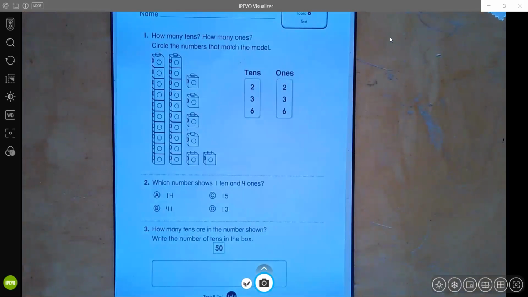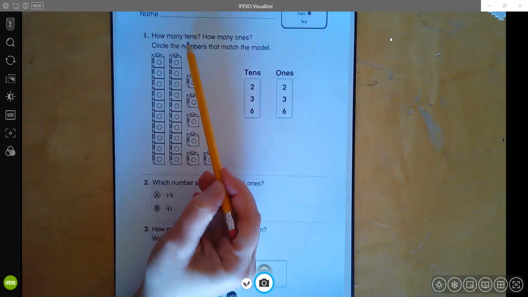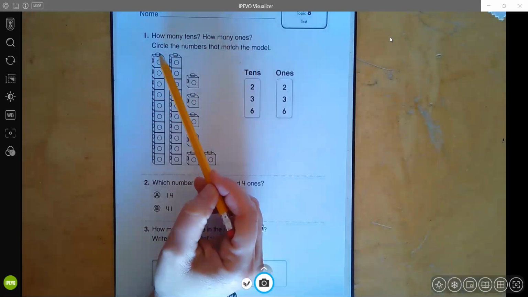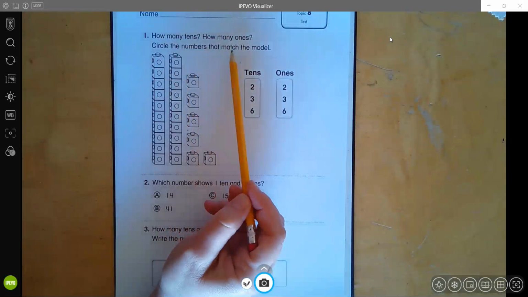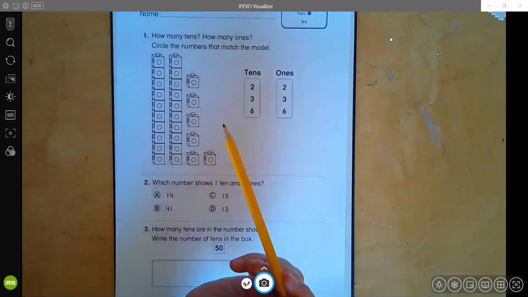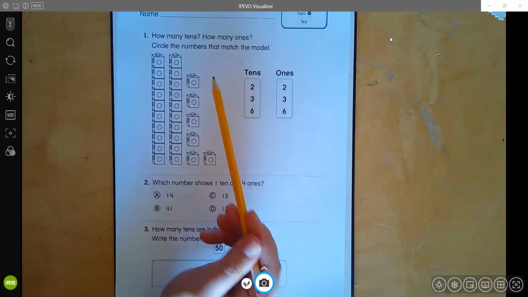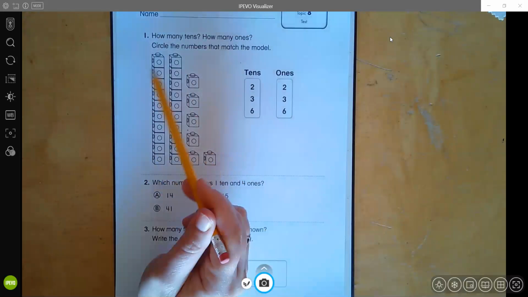Here we go. Number 1. How many tens? How many ones? Circle the numbers that match the model. Okay, so the first thing that we need to do is take a look at our illustration that we have here.